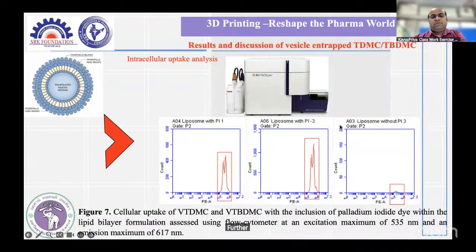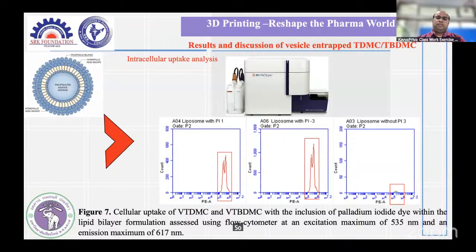Further, we tested using flow cytometry. This is another way where we can test again the presence of dye using laser beam based flow cytometers.